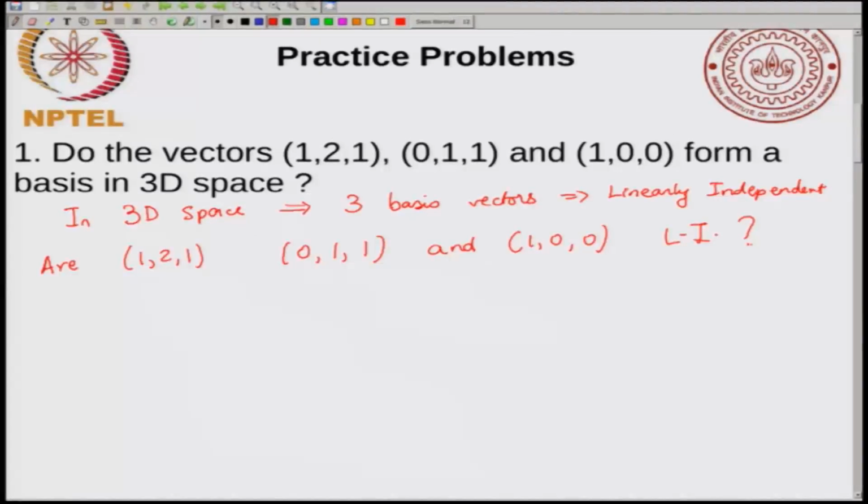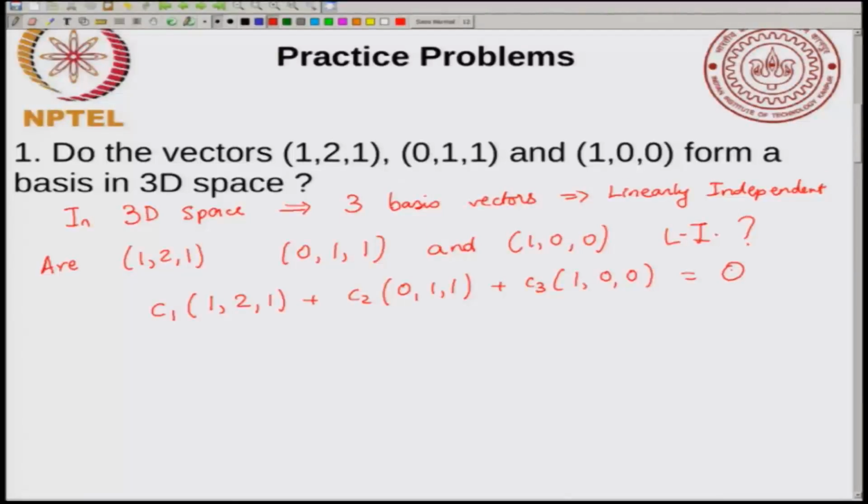Now, in general, the way to check linear independence is to take a linear combination of these and set it equal to 0 and see if you get a non-trivial solution. So, you will say C1 times (1 2 1) plus C2 times (0 1 1) plus C3 times (1 0 0) equal to 0.